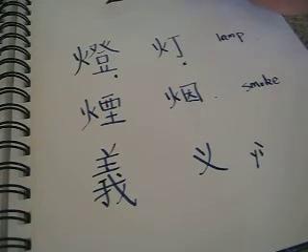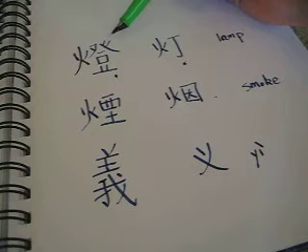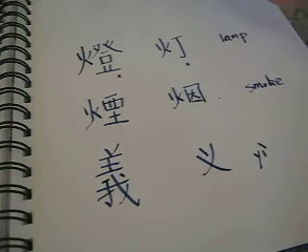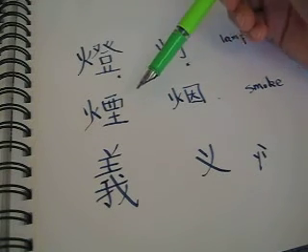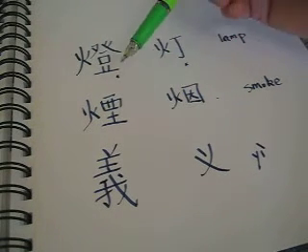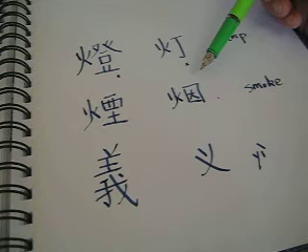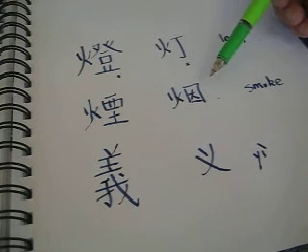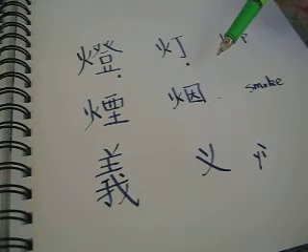So you can see the traditional way of writing is more complicated, and simplified is easier to write. For learning reasons, writing simplified takes much less time to remember the characters.